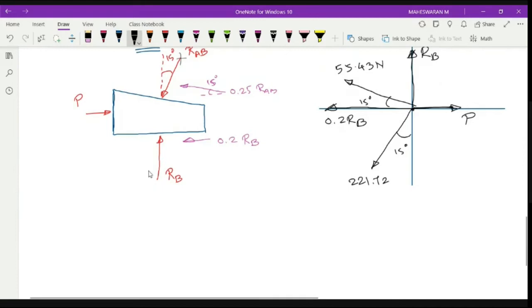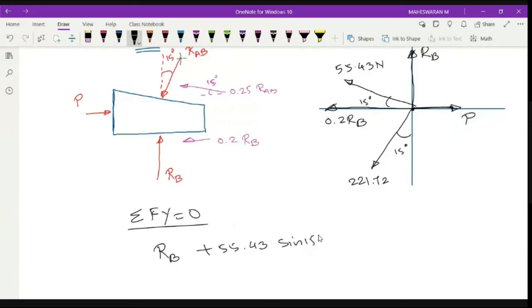Now what I can do is go for sigma Fy equal to 0, equating the y-direction forces. We have RB, this one, plus 55.43 sine 15 degrees, bringing it to the y direction, minus 221.72 cos 15 degrees.